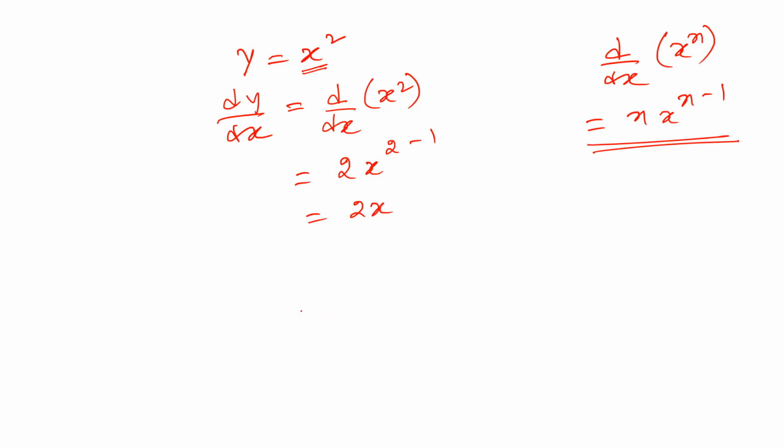Now suppose you are given a function which is a mixture of two variables. Here in the previous example we had only one variable, that is x. But if any function is given where two variables are present, how to find out that? So we need another formula.